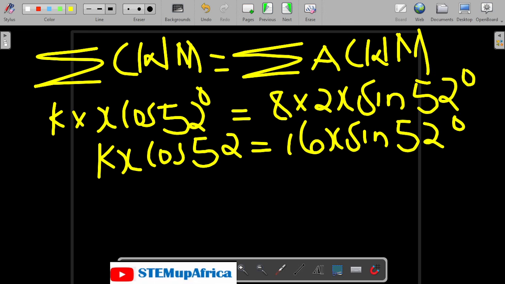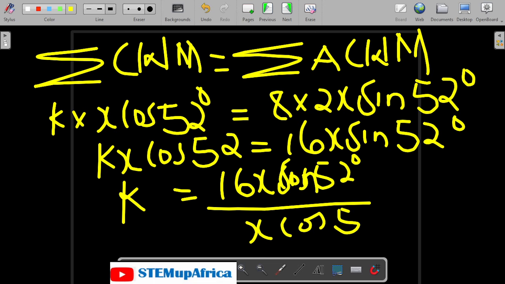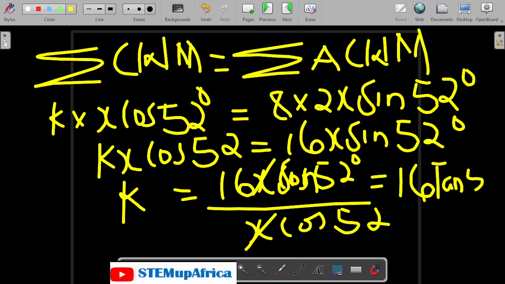So let me make it the subject of the formula. My K will give me 16x sine 52 over x cos 52. So x cancels x, we are left with 16 tan 52, because sine over cos is tan.